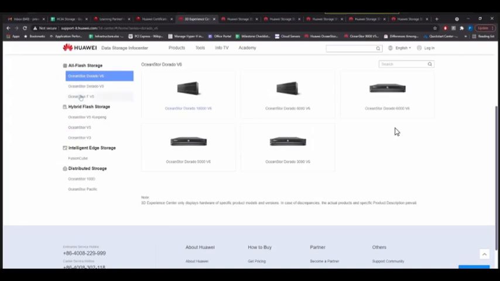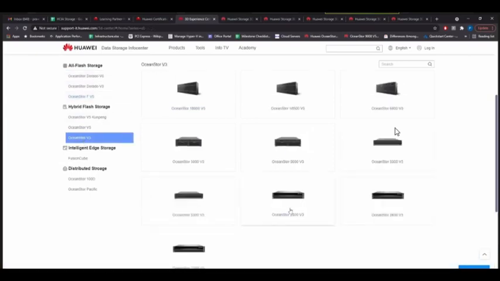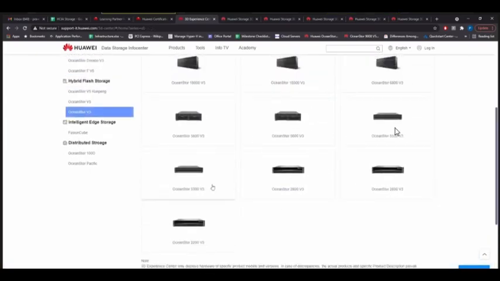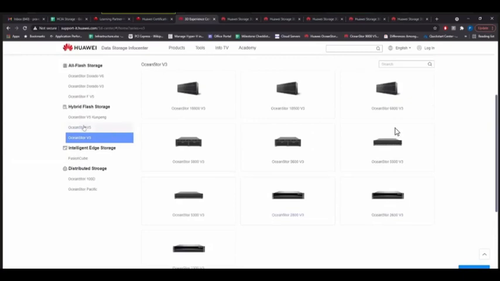I mean, there are OceanStor 3000 V3 and 3000 V8. Okay, so OceanStor V8, you don't have. Dorado? V5, yes. We have the same version, but later we get another V3 and V5. So V3 is the old product.